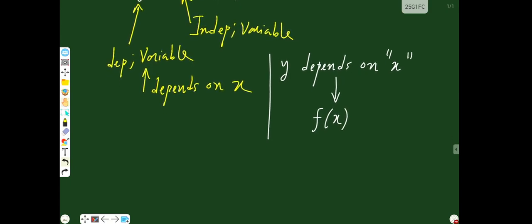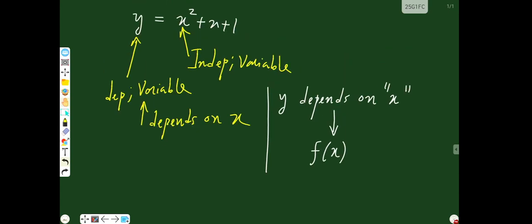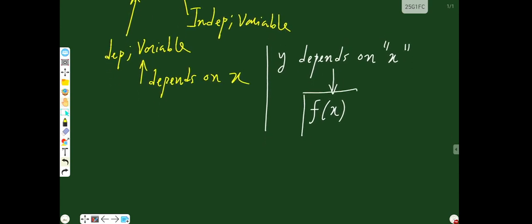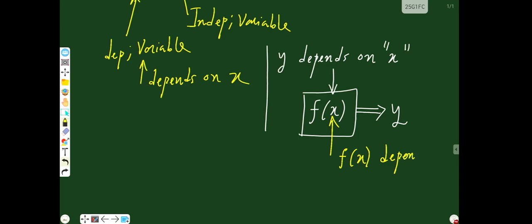This whole thing is your y, but we explicitly tell that it depends on x. That means f of x depends on x. So that's the idea, right?